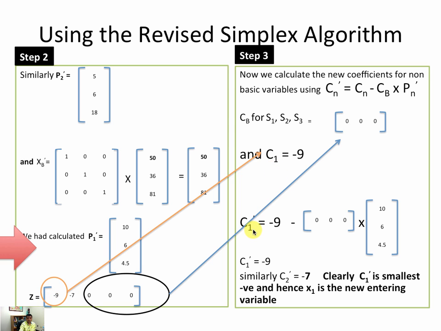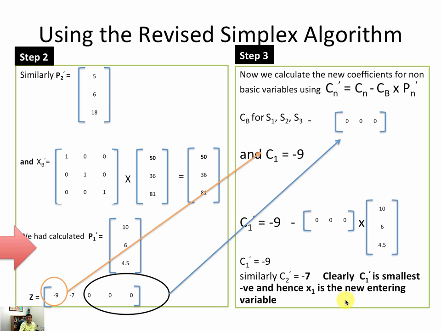So C1 prime becomes minus 9 minus the product of the matrix 0, 0, 0 and 10, 6, 4.5, which is from P1. And what we will find is that C1 prime calculates to minus 9. Similarly, C2 prime calculates to minus 7.